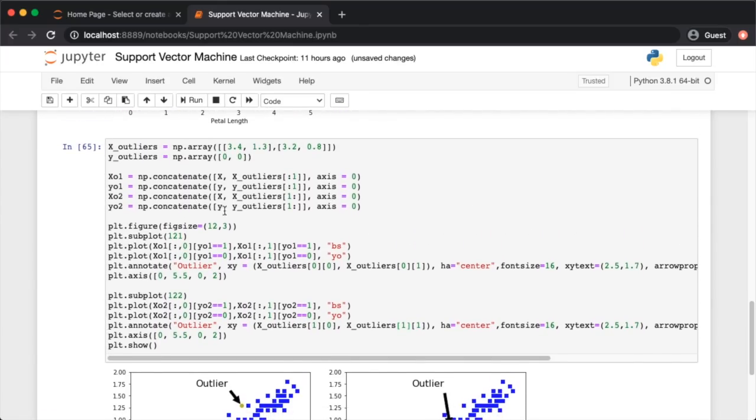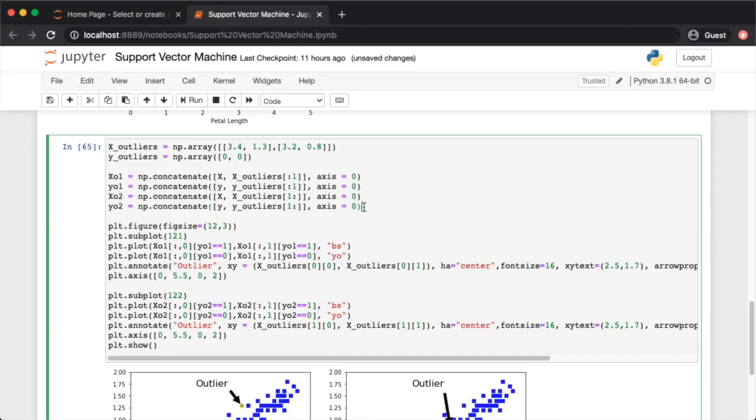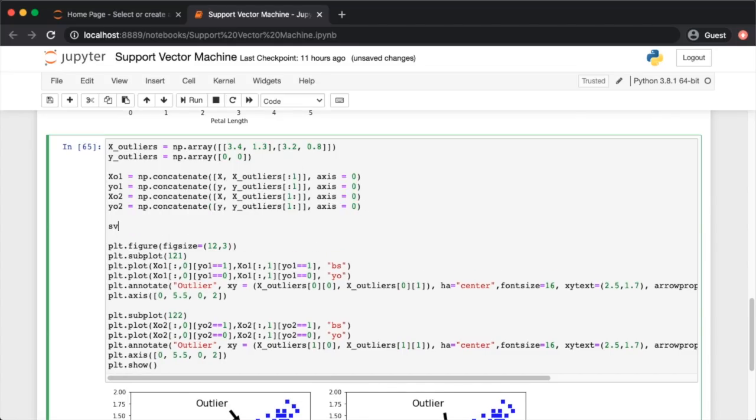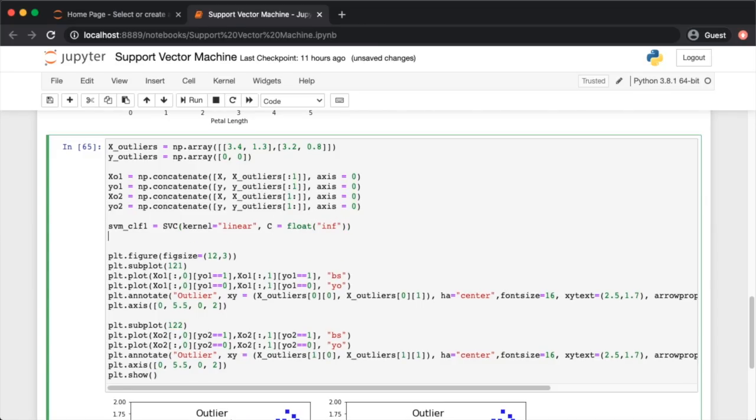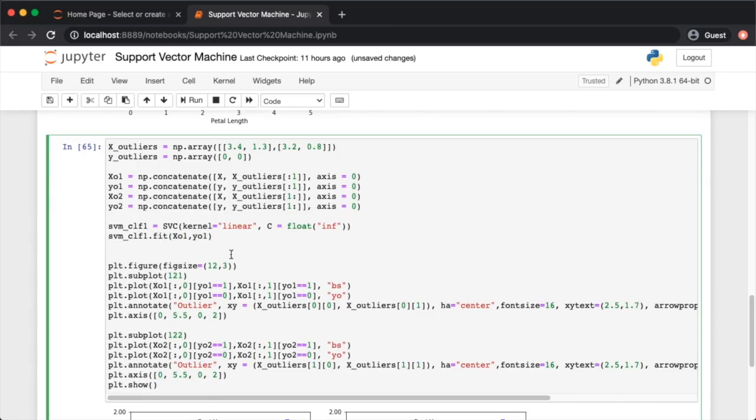So I have my, I still didn't, okay. So let's create an SVM classifier 1 using SVC, linear kernel, pass it the C, that is infinity, means hard kernel, and fit y01 versus x01.